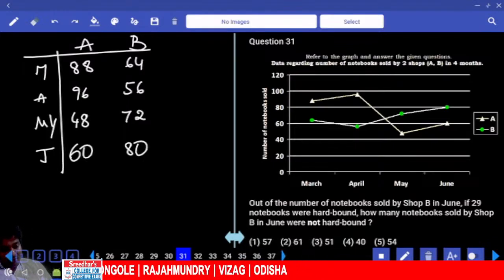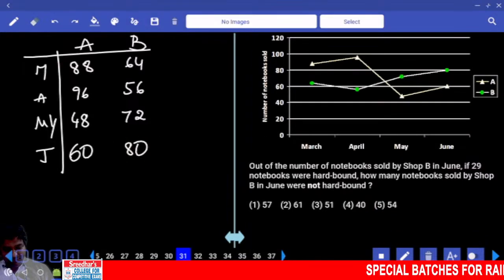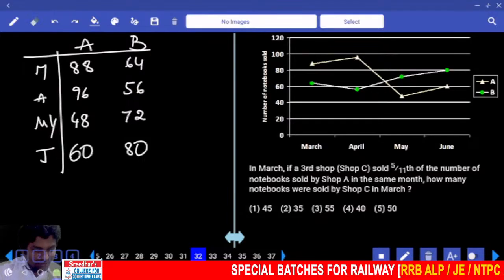How many notebooks sold by shop B in June were not hardbound? June month we have total, 29 are taken away, remaining 51.